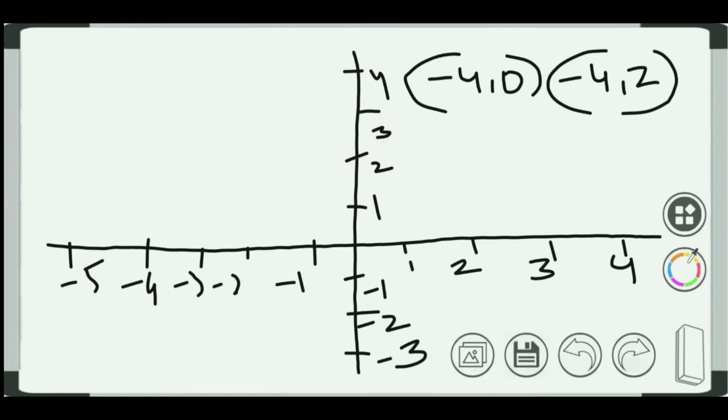So the first point is minus 4, 0. On the x-axis, minus 4. This is your x-axis. Where is minus 4? Here. Anything on the y-axis? Nothing. The y-value is 0. So this is the first point, minus 4, 0.